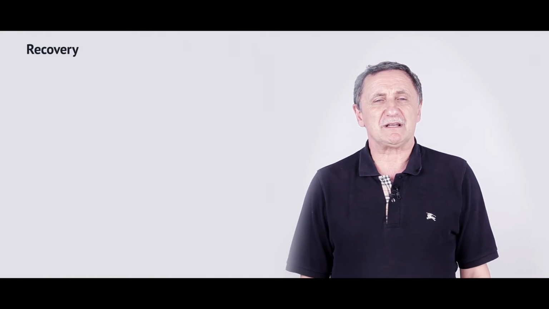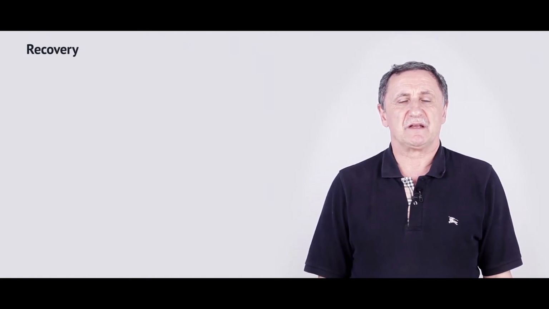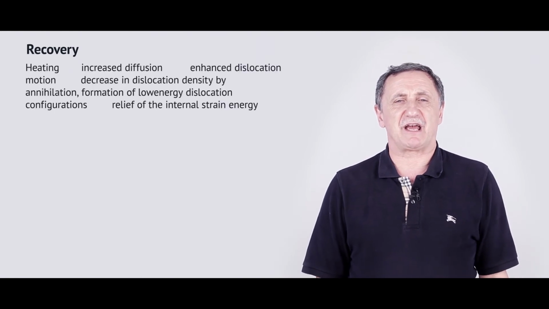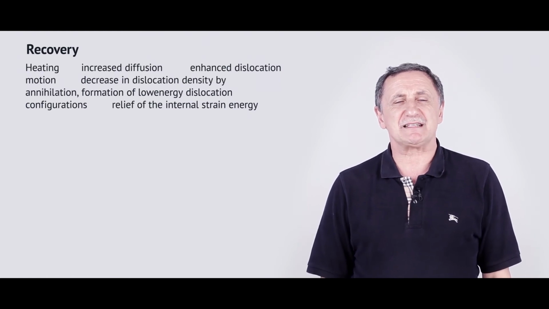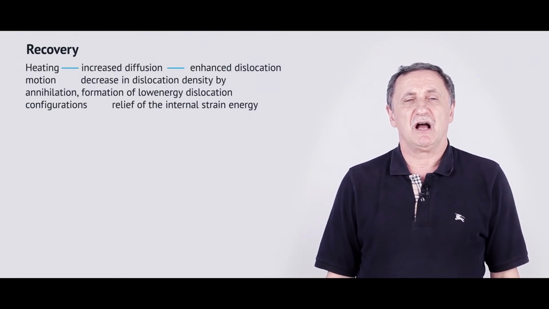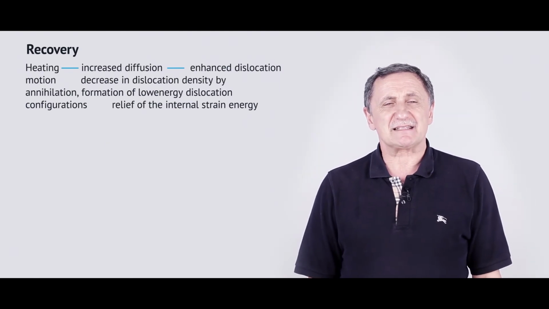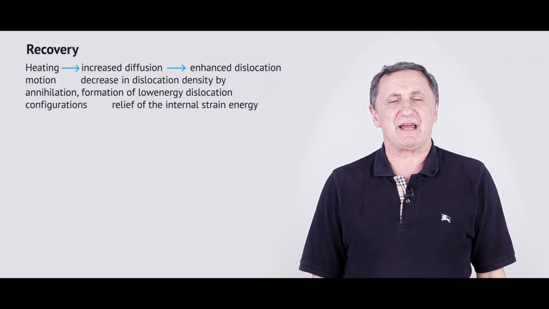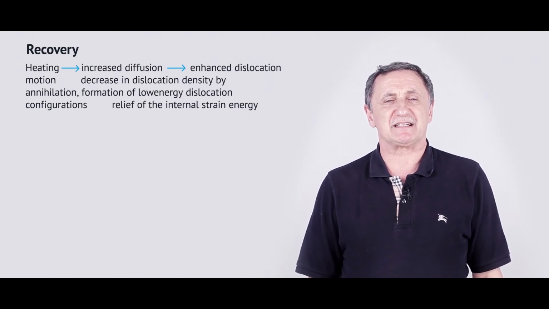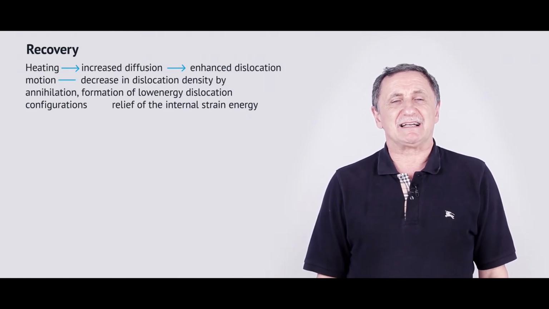So what is recovery in general, and how does it work? Recovery is the very first stage of annealing after cold work, and on this stage we cannot see even a dramatic change of the grain size. However, what we see is that the strain which we introduced inside our material slightly decreases.